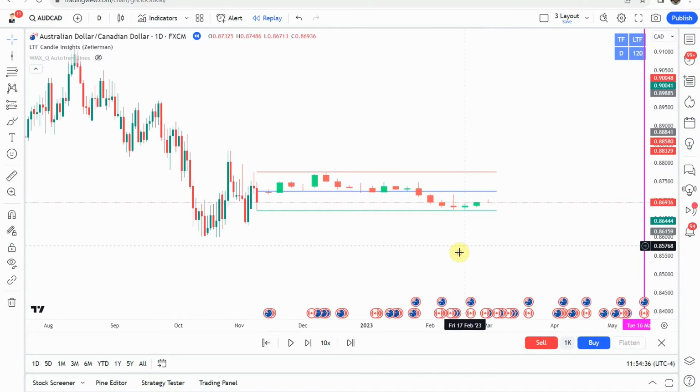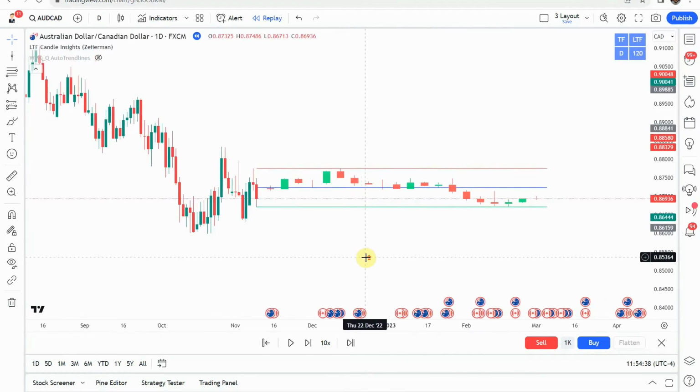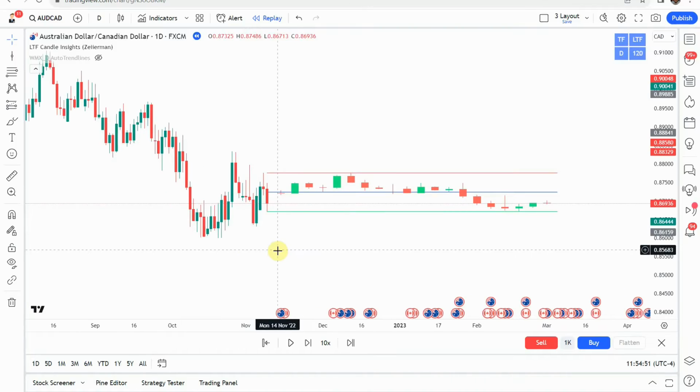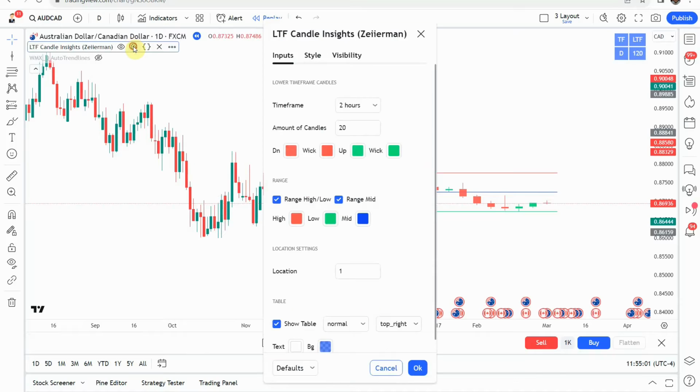What that is doing is breaking down the candles on a specific time frame within the higher time frame candle. For example, in this strategy, I tested it on the daily time frame, and right now the indicator is set on the daily.